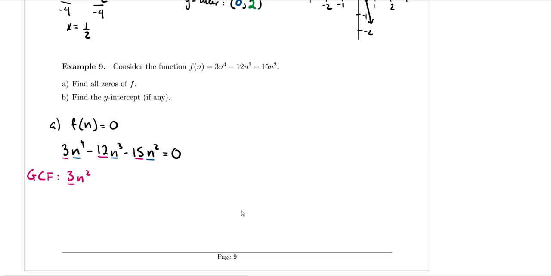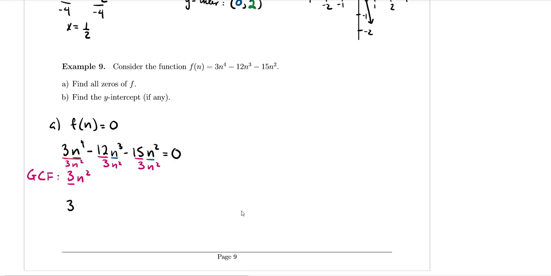Now once we factor out the 3n squared, what are we left with? Well, one trick that I like to do is divide by the GCF. So what's remaining after we divide by the 3n squared?